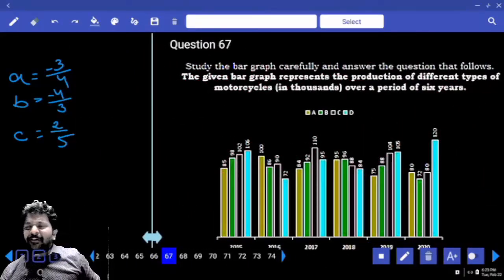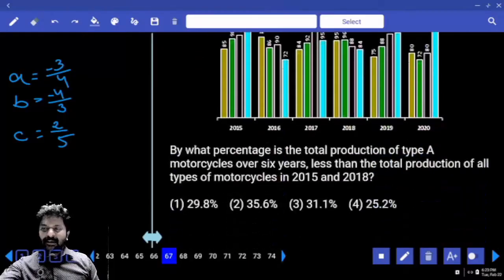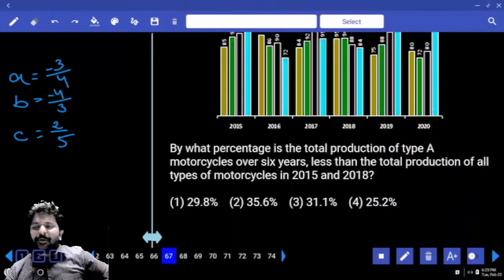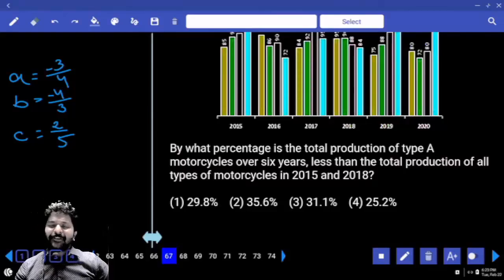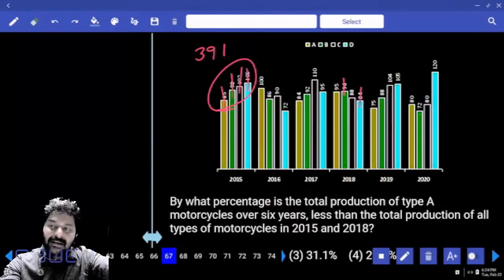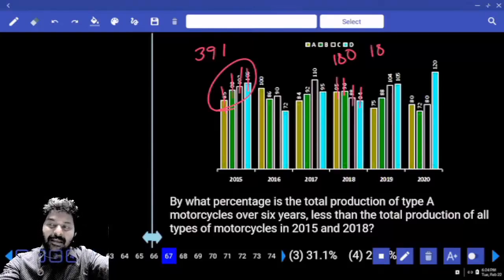The given bar graph represents the production of different types of motorcycles over a period of 6 years. Okay, right. Next. A, B, C, D, 4 different vehicles are there. By what percentage is the total production of type A motorcycles over 6 years less than that of 180? 95 plus 88, 183.